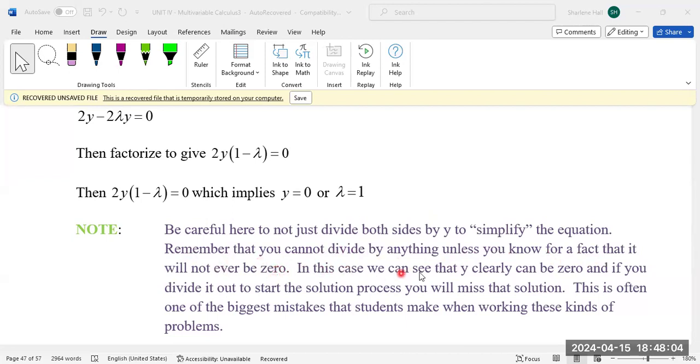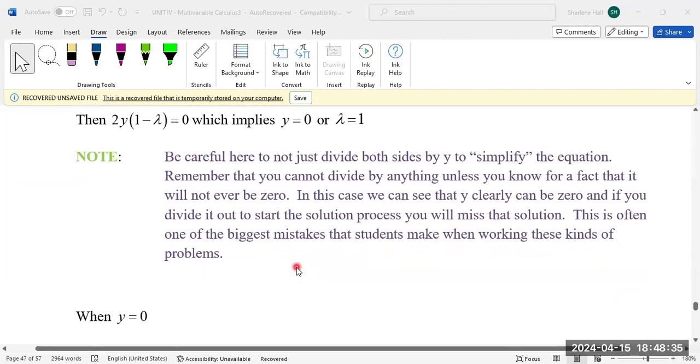In this case, y clearly can be 0, and if you divide it out to start the solution process, you will miss that solution. This is often one of the biggest mistakes that students make when working these kinds of problems. Please do not do that. Don't just divide all things, or you're going to lose it. Let us factorize as opposed to divide out.